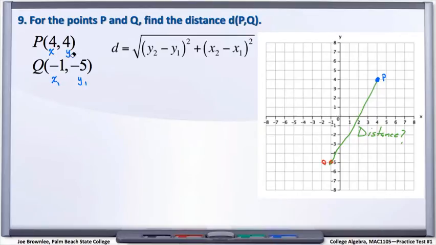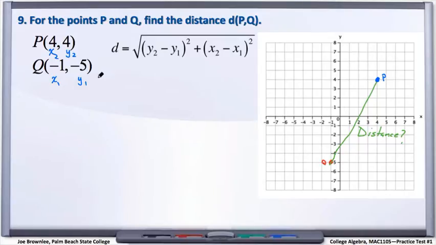And we could have said then if these are x1, y1, then these would have to be x2 and y2. So again, it doesn't matter which point you start labeling, it just matters that you're consistent with your labeling, meaning if this is your x1, this has to be y1. This cannot be x1 and this be y2, right? The subscripts here have to match, all right? So we'll go ahead and leave it like that.